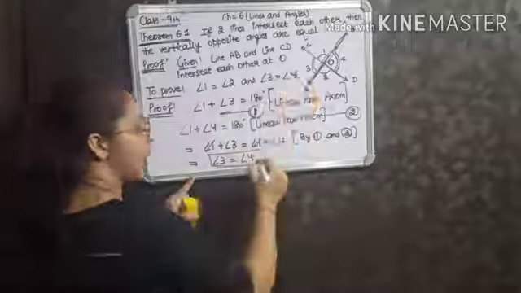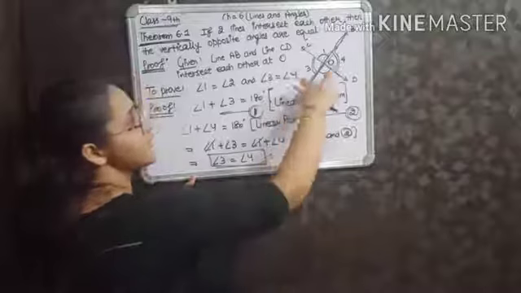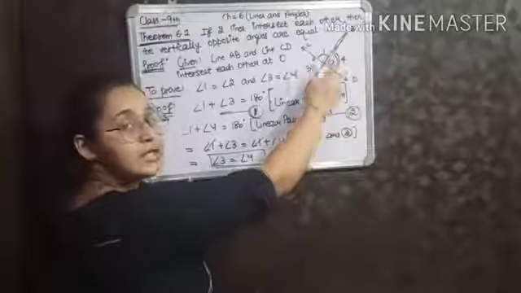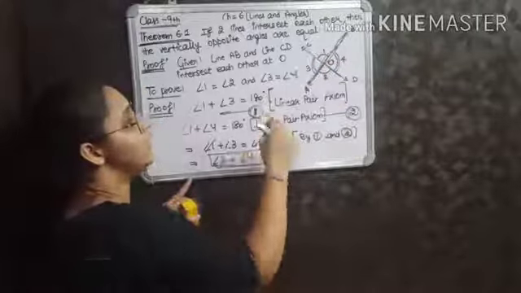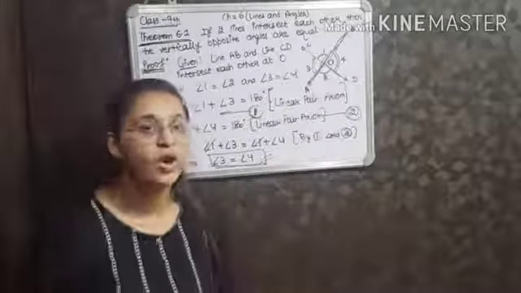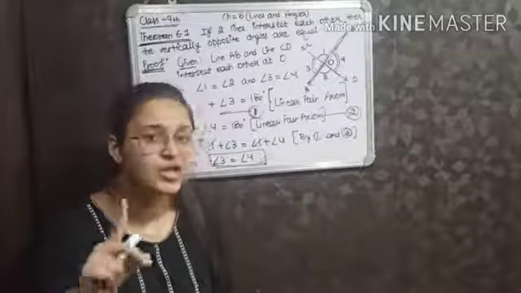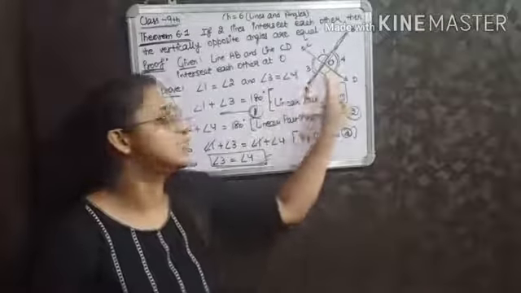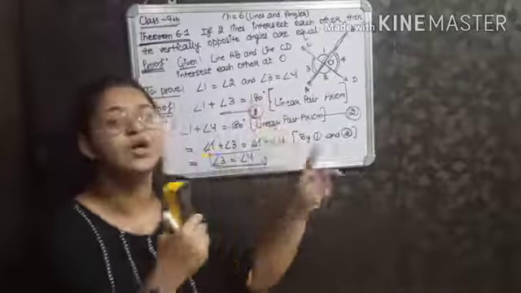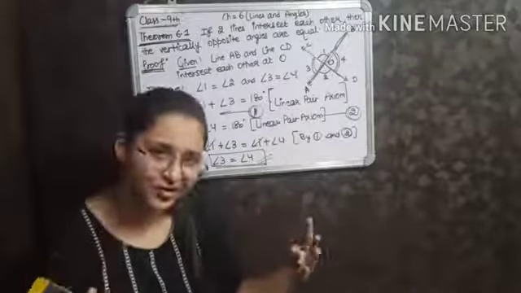So this is our proof that angle 3 is equal to angle 4. Vertically opposite angles are equal. Similarly, we can prove that angle 1 is equal to angle 2. Now I am giving you a task to prove that angle 1 is equal to angle 2. It is very easy. Similar to this, do this in 5 minutes. I am waiting for you.